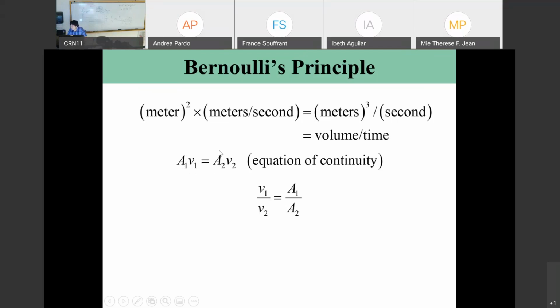When the area is lower, the velocity is bigger, because these are inversely proportional. So remember, air is also a fluid. Bernoulli's principle works for fluids. Normally we apply it for water, that's true, but you can explain what I just told you about the air in an alley because of the equation of continuity.